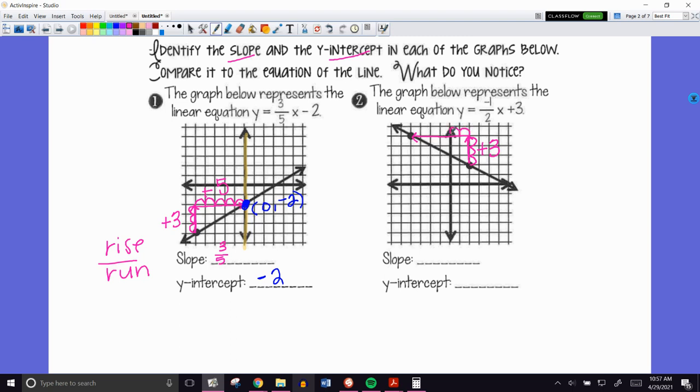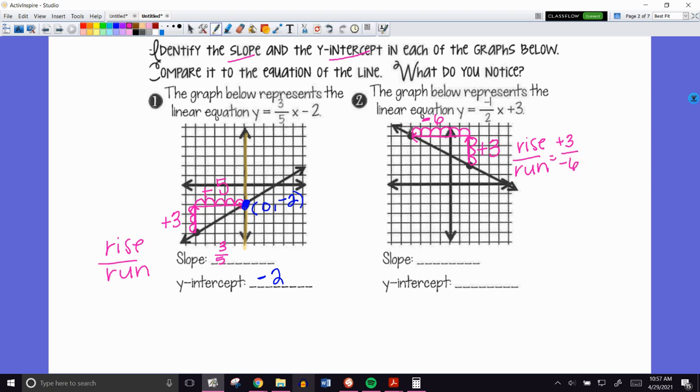And then 1, 2, 3, 4, 5, 6. And those 6 are to the left. And I know that when I go to the left in my coordinate grid, those are negative numbers. All right. So my slope is going to be positive 3. So if I did rise over run, it would be positive 3 over -6.